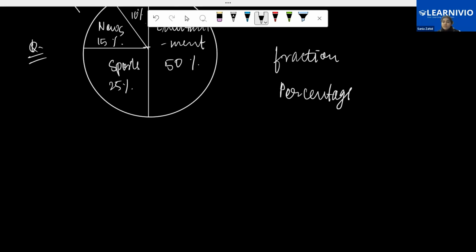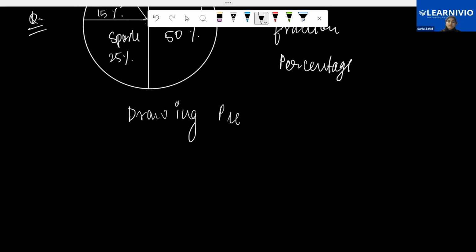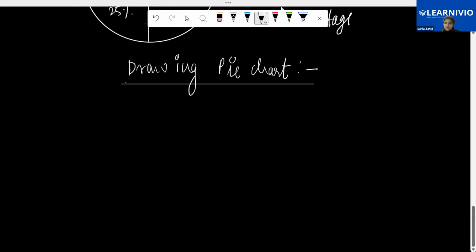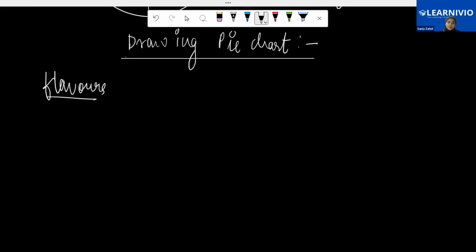Now the second situation can be they're asking you to draw a pie chart. So how do you draw a pie chart now? We make a circle. First of all, I'll give you one example. Let's suppose there is a study that was conducted amongst the students of a particular class, and the flavors of ice cream that they like were calculated.